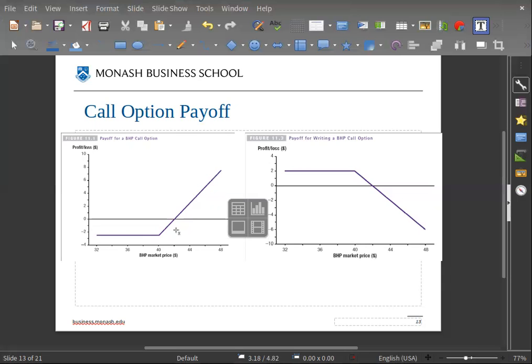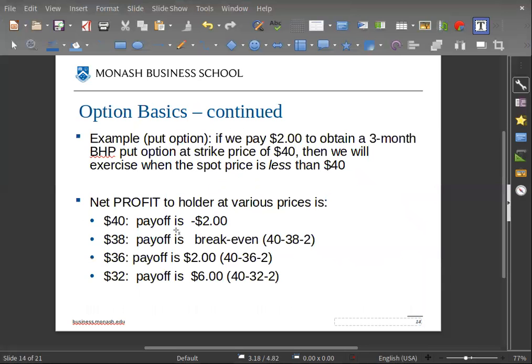Now that example was for a call option. A put option gives you the right, the flexibility, the choice to sell the underlying. Call option was for buy, put option is for sell. So let's flip around the previous example. Let's say we pay $2 to obtain a 3-month option for a BHP put, that is, we can sell those shares for $40.